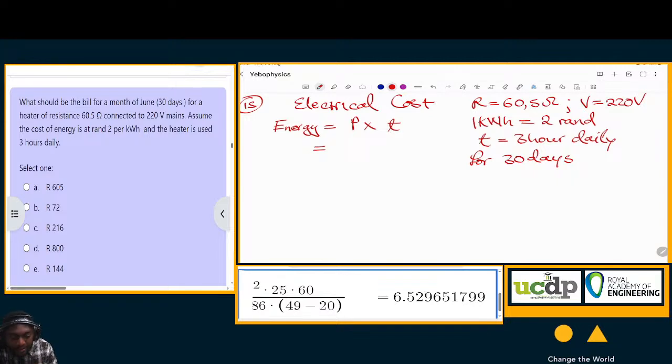So the unit for electrical cost is kilowatt hour, which means it's your power in kilowatts times your time in hours.